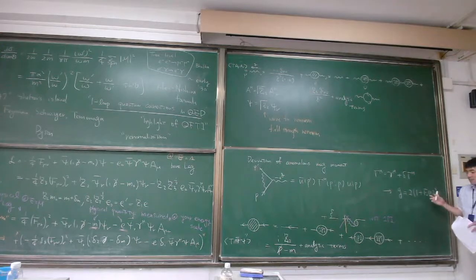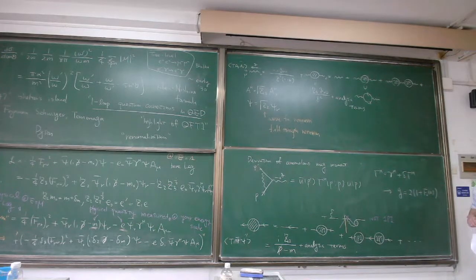And then 2 plus some correction. This correction was first computed by Schwinger, and thanks to that he got a Nobel Prize. That's what we are going to do.